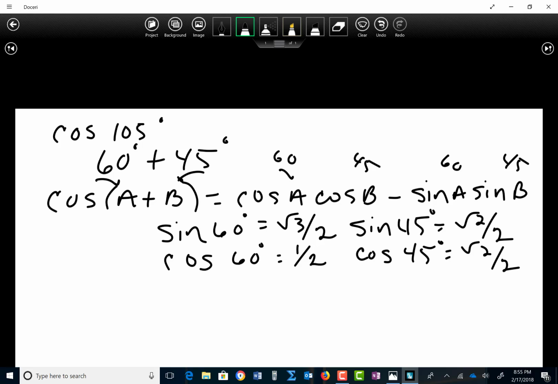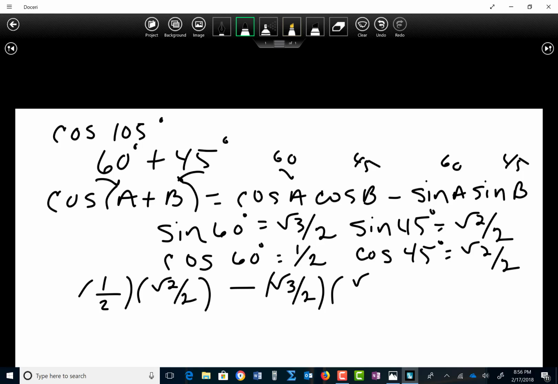So the cosine of A, the beginning, the cosine of 60 is 1/2 times the cosine of B, so the cosine of 45 is square root of 2 over 2, minus, that's the formula, the sine of A, so the sine of 60, times sine of B, so the sine of 45.